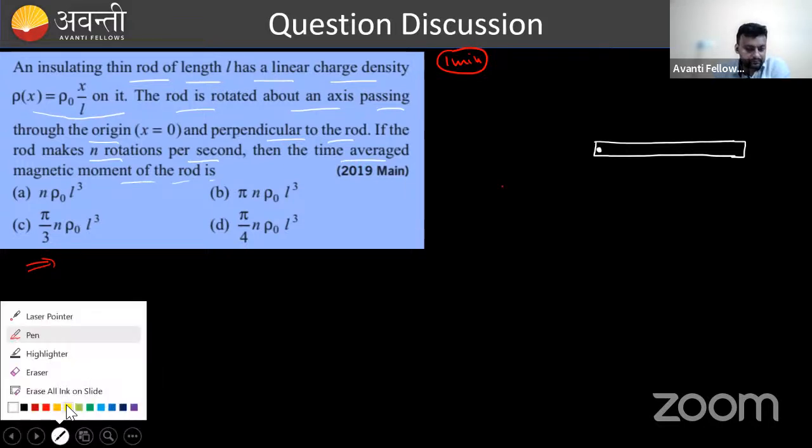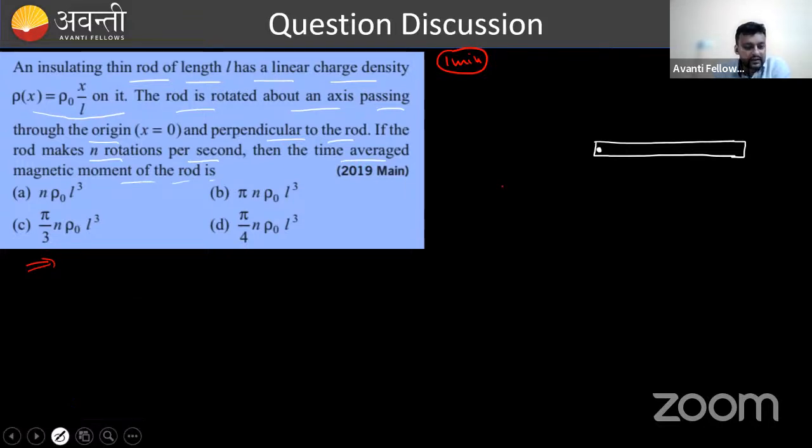Now look at that. Can you see that this rod has some charge density? This charge density is given as rho equals rho naught X by L. Sorry, X by L it was.